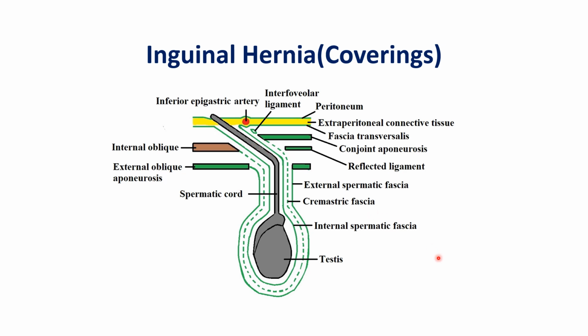While if on reducing the hernia the contents do not push through the deep inguinal ring, it means the protrusion is taking place medial to the deep inguinal ring, and such a hernia is called direct inguinal hernia. So the ring occlusion test is an important test to distinguish the indirect and direct inguinal hernias.